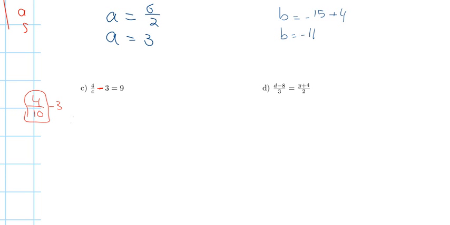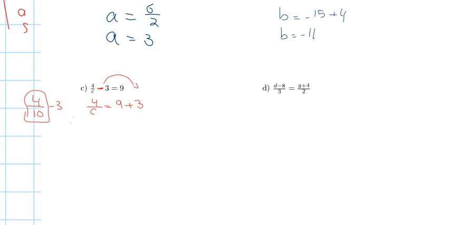Remember when I'm isolating, I'm doing the reverse of that, okay? So because I do minus 3 last, I want to get rid of minus 3 first. By getting rid of it, I'm going to have to move it to the other side of the equal sign, and that becomes 4 over C equals to 9 plus 3.